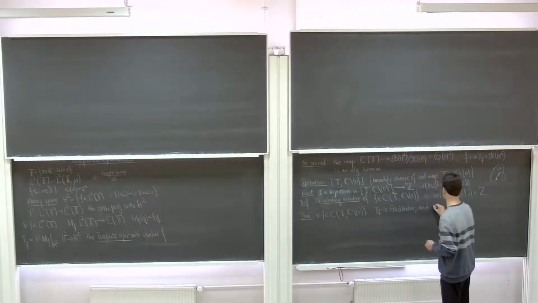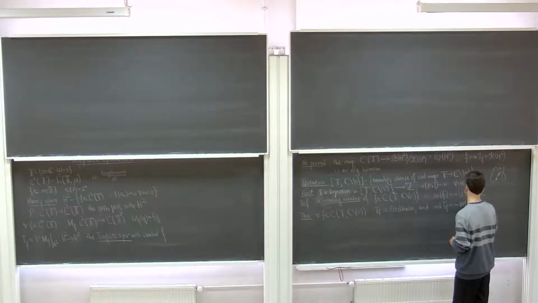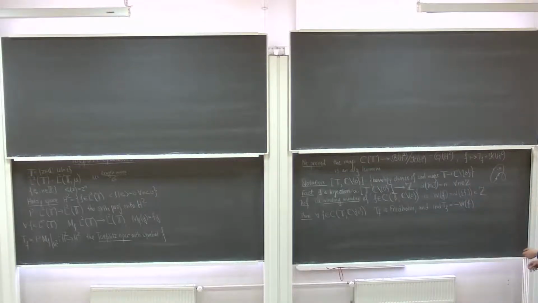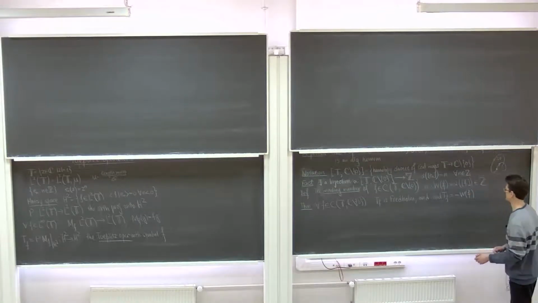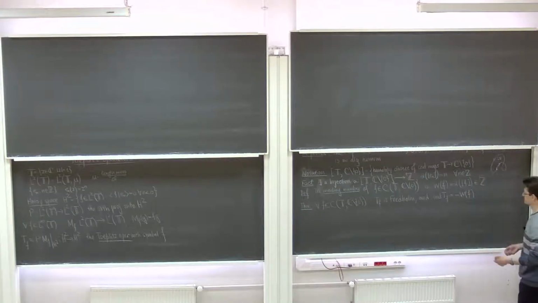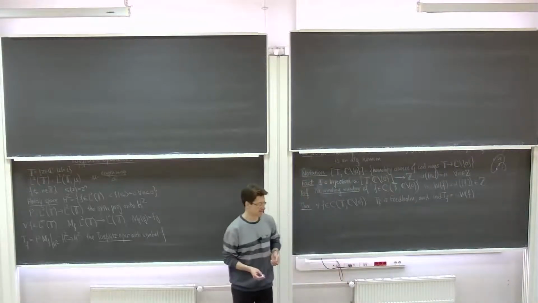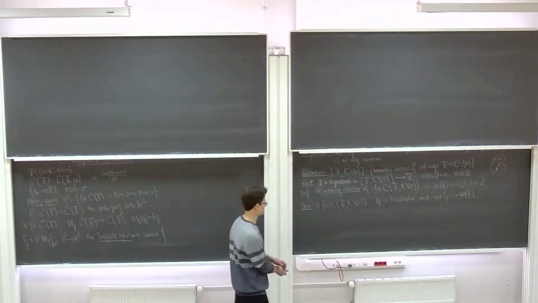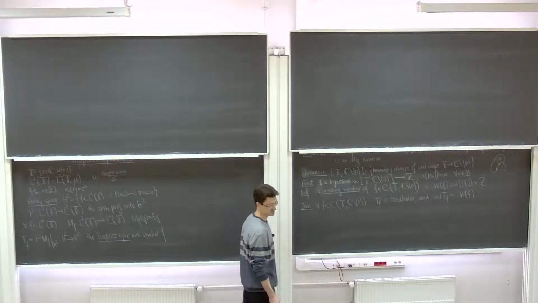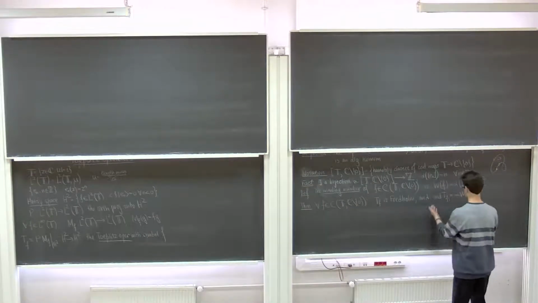And the index of this operator is minus the winding number of f. By the way, the winding number is also sometimes called the index of the respective curve, of the respective loop. So we see that two different meanings of the word index are related to each other.